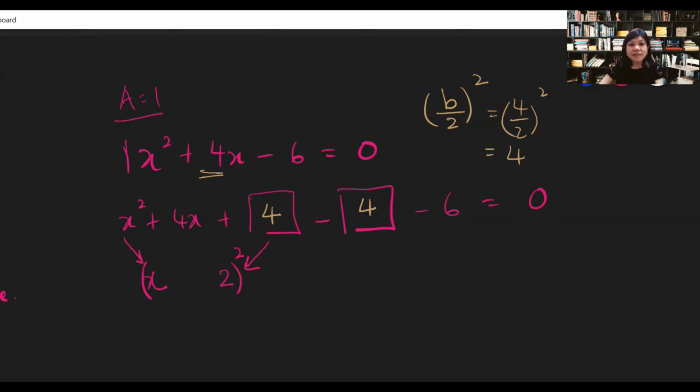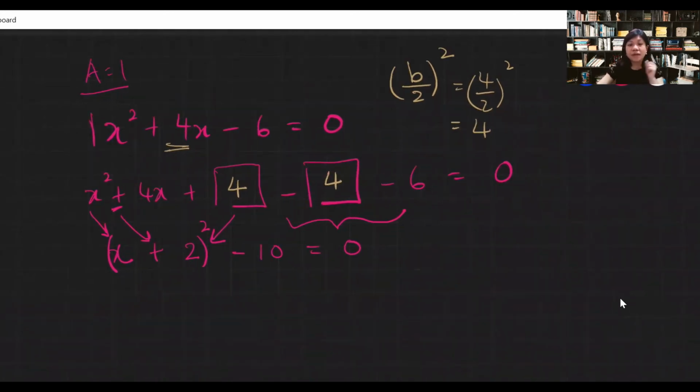Because the first sign that you see is a plus, it is a plus. What happens behind here? Minus 4 and minus 6 will be minus 10. So now you have completing the square halfway done. Don't forget, we're doing completing the square because we want to find the value of x at the end of the day. Therefore you move your 10 to the other side.